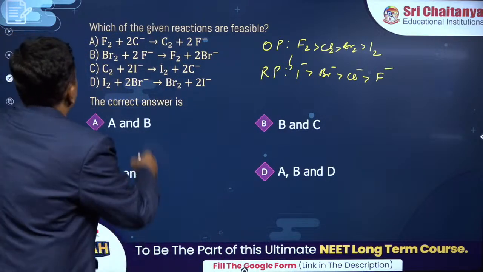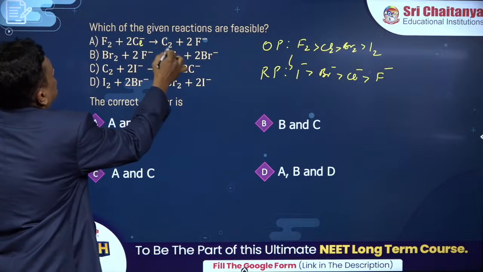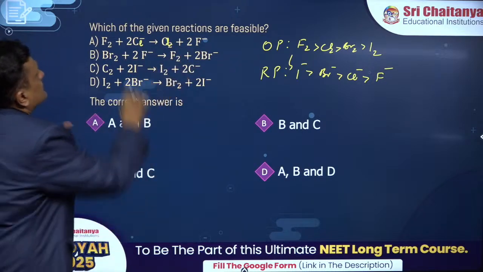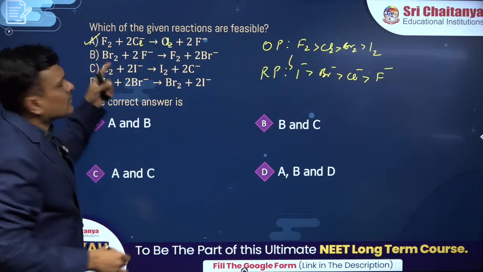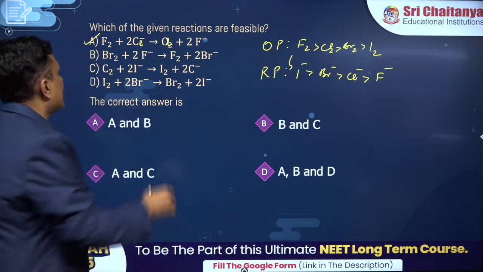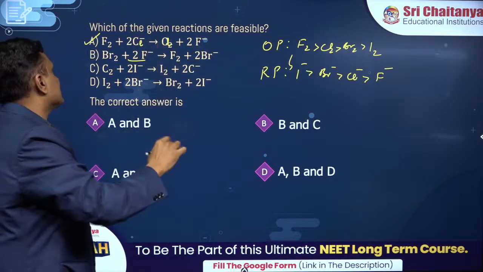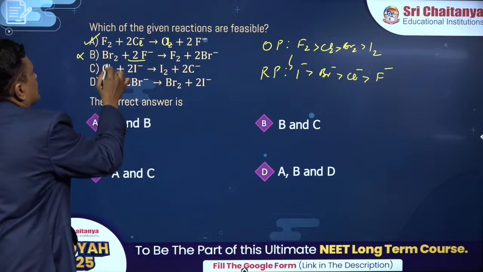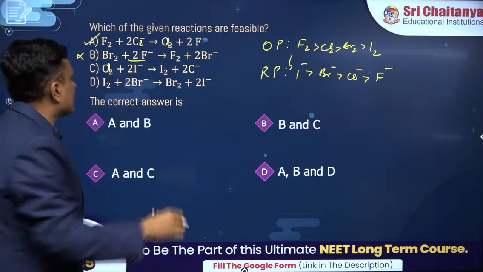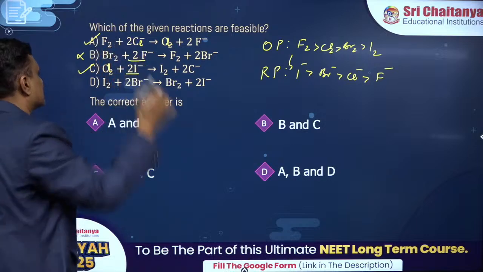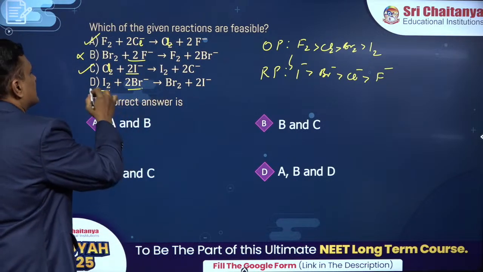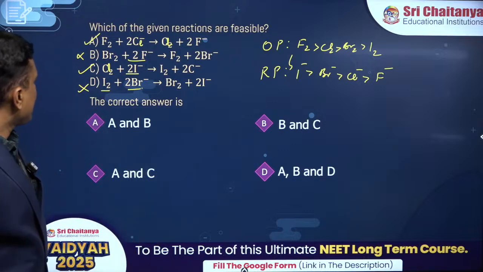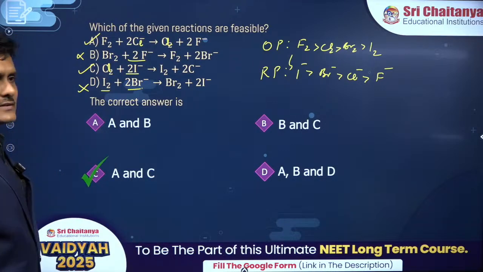Fluorine is a strong oxidizing agent, so it will easily oxidize the chloride, feasible. Bromine is not that strong an oxidizing agent, and fluoride is not that good a reducing agent, so you can't expect this. Next, Cl2 is a stronger oxidizing agent, and I minus is a good reducing agent, feasible. Iodine is not a good oxidizing agent, however, bromide is a good reducing agent. This is not feasible. So it looks like A and C are the only correct ones, isn't it?